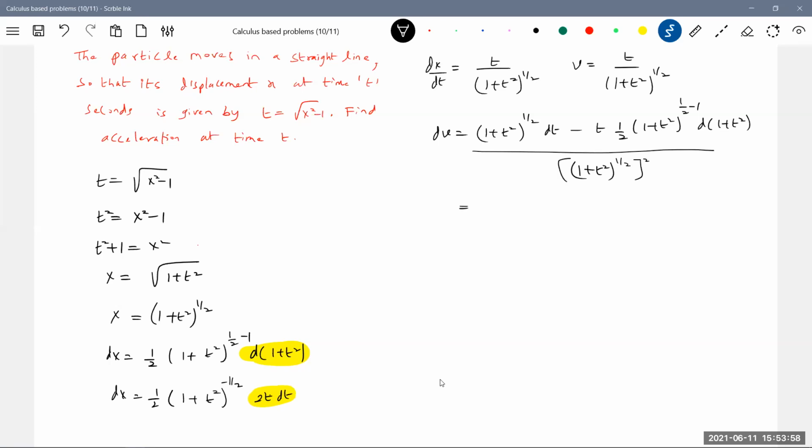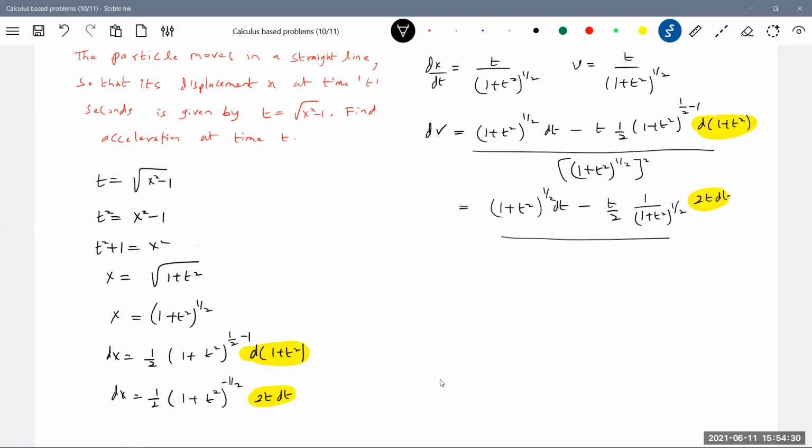All divided by the square of it. I think this was the quotient rule of calculus. This will become 1 plus t square dt, this will become t by 2, and the derivative of 1 plus t square will be 2t dt.